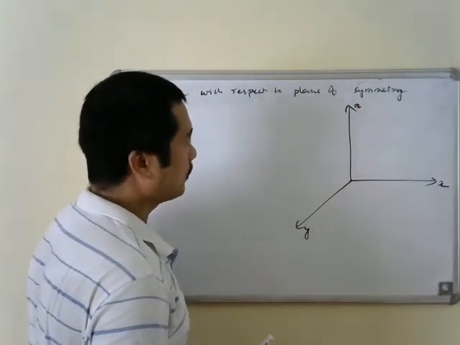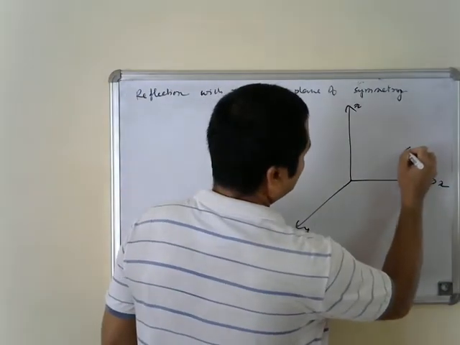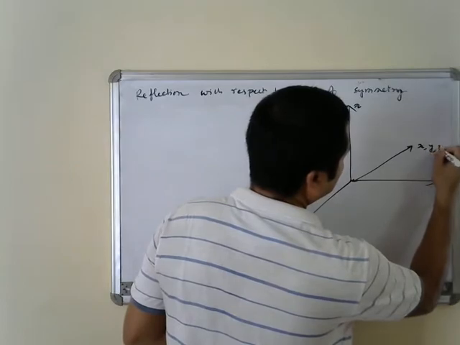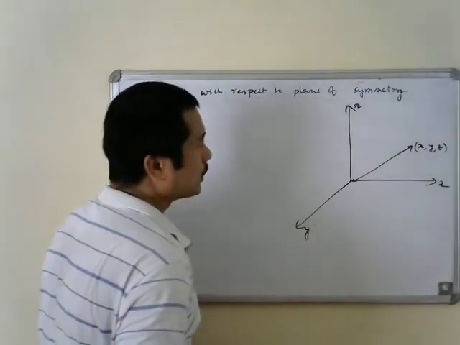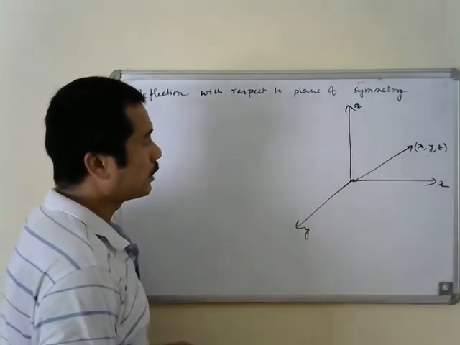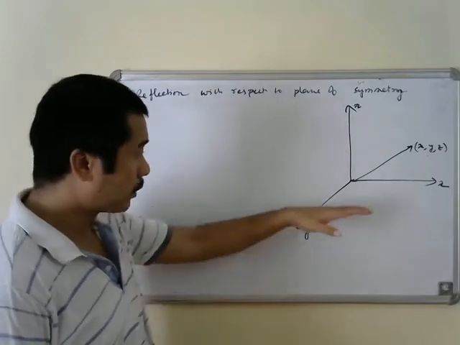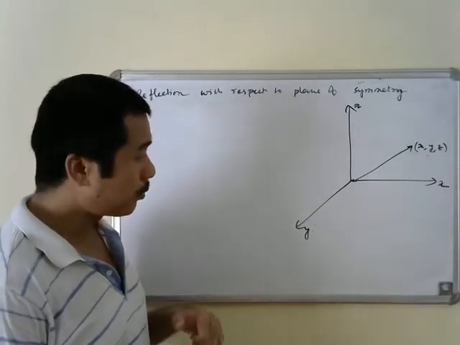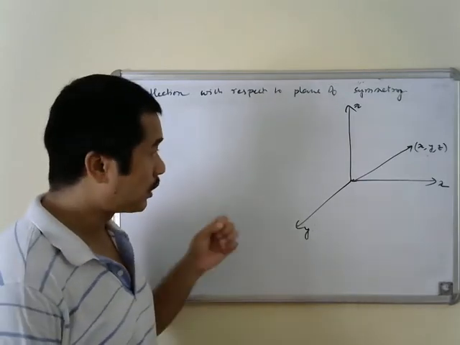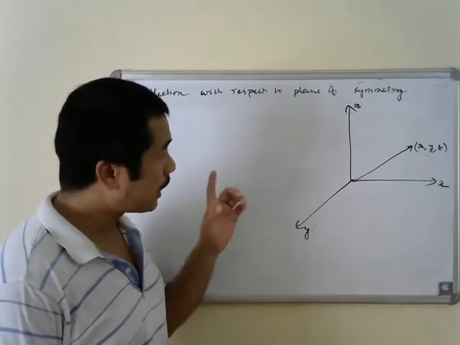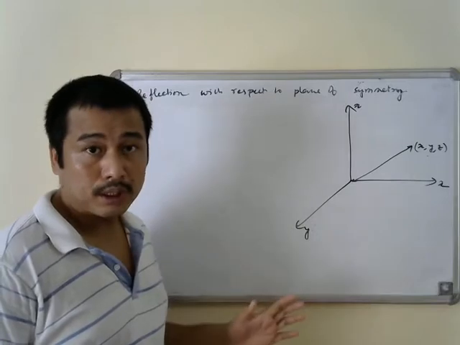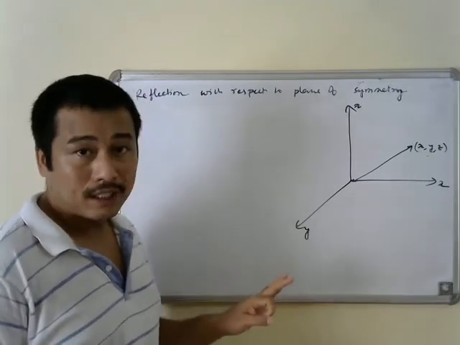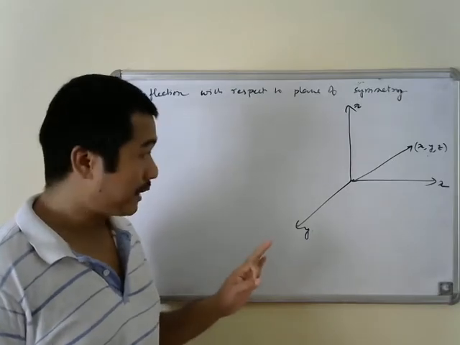We have a point somewhere over here, say x, y, and z. Let's assume we have a vertical plane of symmetry, because the horizontal plane of symmetry is going to lie on the xy plane and we can write its matrix representation. The only issue is to write the matrix representation for vertical planes of symmetry which are not lying on one of the coordinate planes.